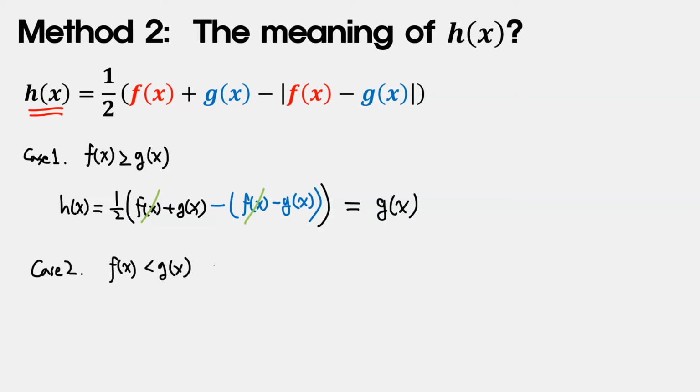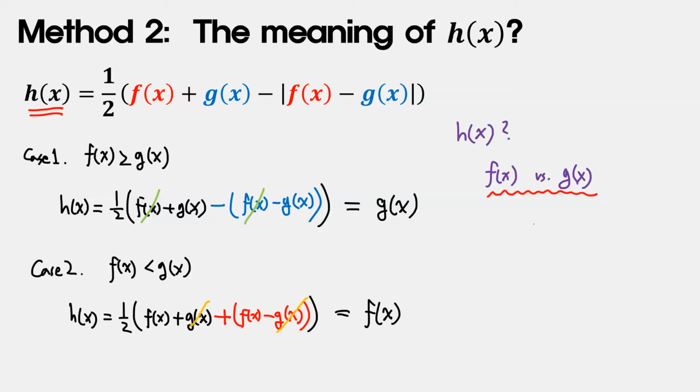Next, when f(x) is less than g(x), then we have plus (f(x) minus g(x)) here. So this time, g(x) cancels out, and we have f(x). Therefore, h(x) represents the lesser of f(x) and g(x), or non-greater one between two functions. We can also write this as h(x) is basically a minimum value between f(x) and g(x).